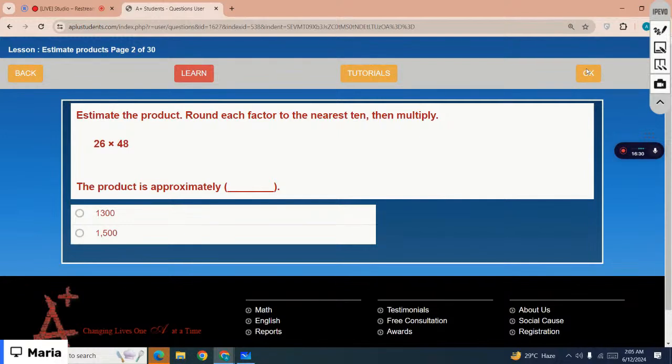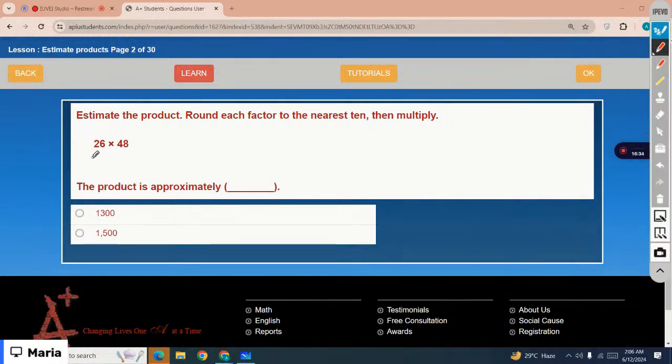So 26 is rounded off to 30, right? And then you have 48. 48 is rounded off to, yes, 50. So 5 times 3 is 15. The correct option is 1500. Option number 2 is the correct option. Very good. That's option number 2.